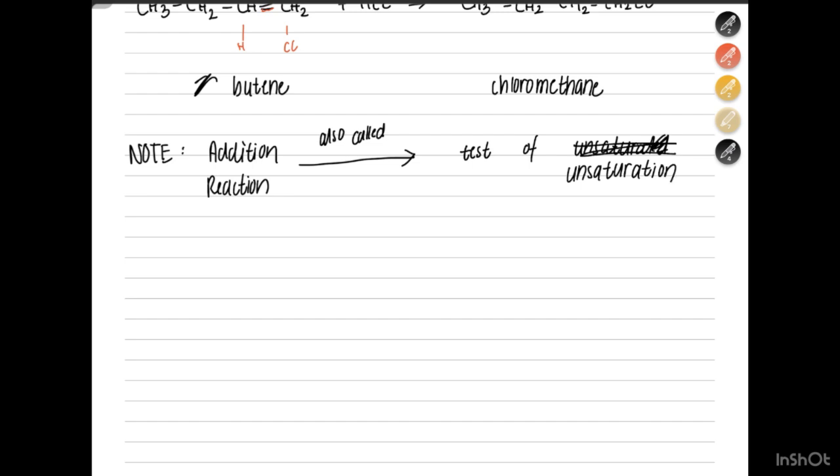Because if we add hydrogen chloride gas in presence of sunlight to alkanes, we don't observe anything. No observation. But if we perform this addition reaction on an alkene, we see the color change from brown to colorless. Hence this reaction, which is addition reaction, is also called test of unsaturation.